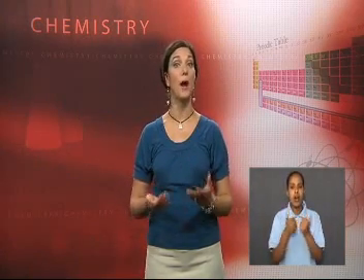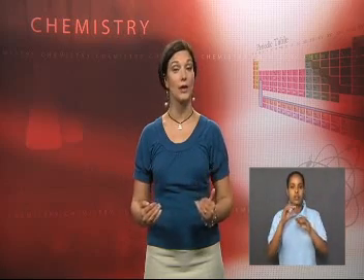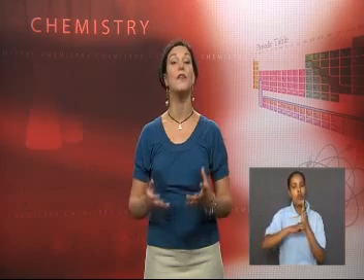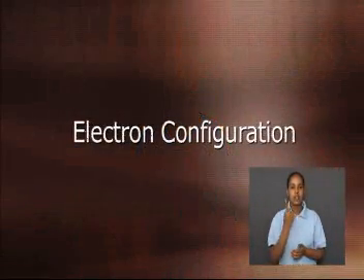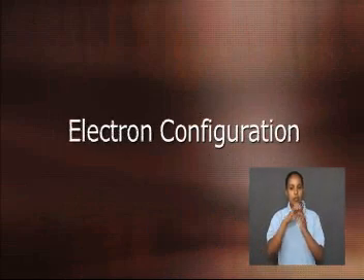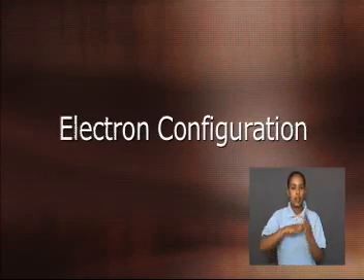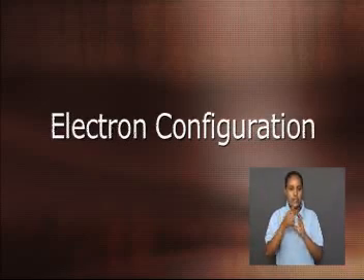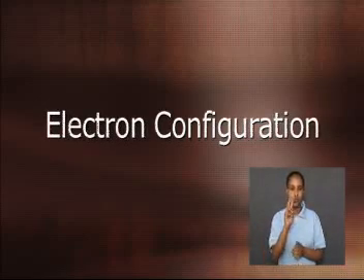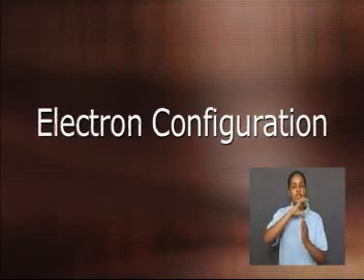Let us move on and discuss how the Aufbau principle relates to the ground state electronic configuration of the elements. The electronic configuration of an atom describes the distribution of the electrons among atomic orbitals in the atom. There are 2 methods that are used to describe the electron configuration of an atom.